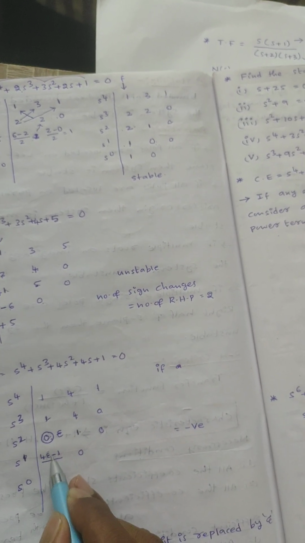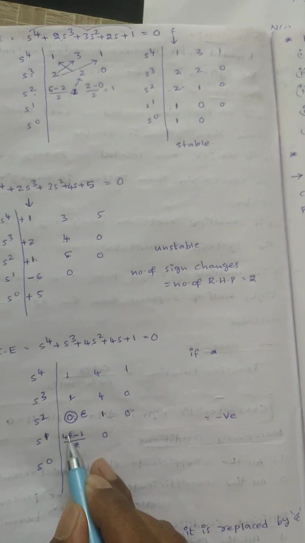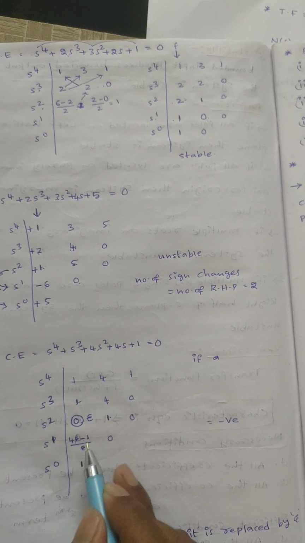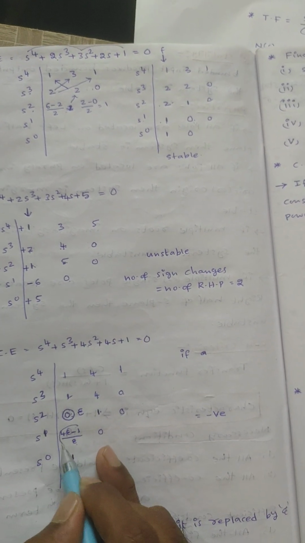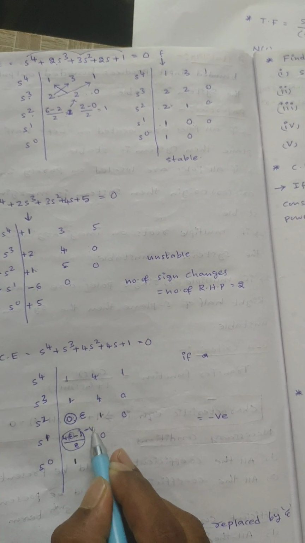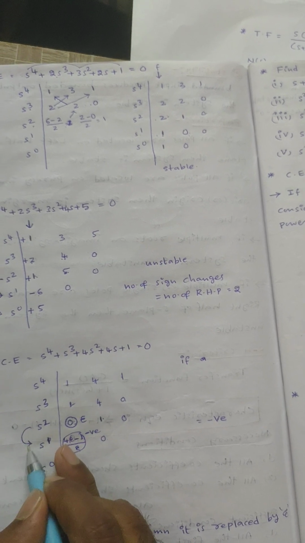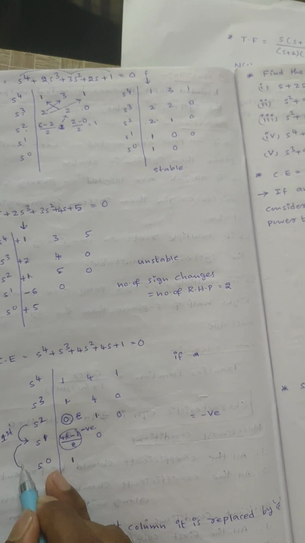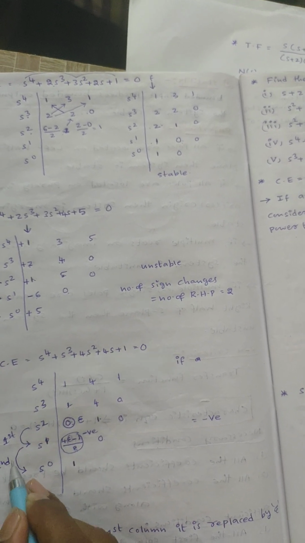Otherwise, in the numerator if you substitute 0, you will get a negative value. That means this resultant value will be negative. That means sign changes happen a first time and a second time.